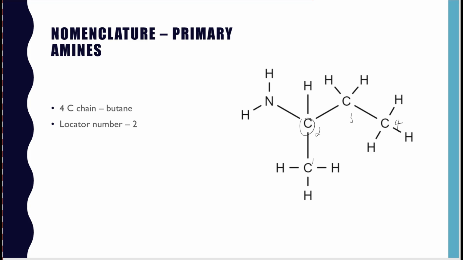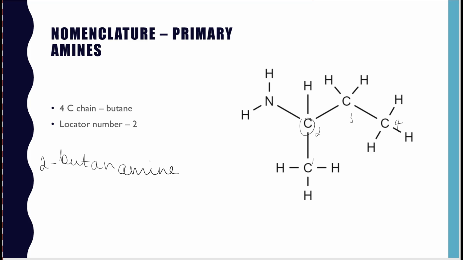So we have our butane for being single bonds. We drop the E and we add our amine. And as we've discussed before, our locator can go in the front: 2-butanamine.